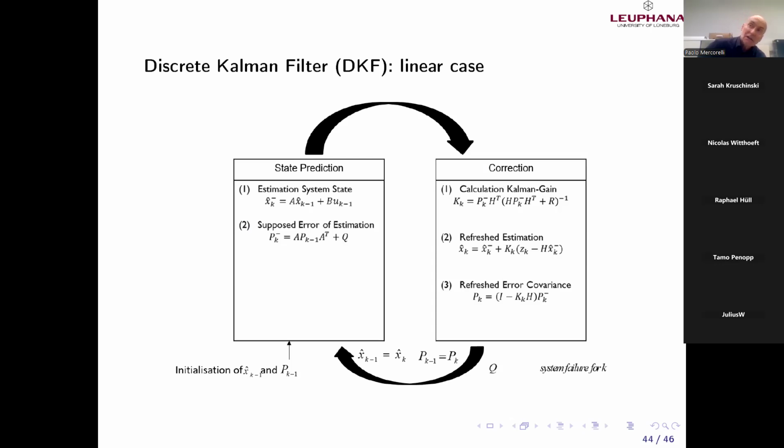Look, we have 5 equations. We will come back a little bit also on the equations. 2 equations characterize the state prediction. Equation 1, equation 2. Very important to notice, we don't have minus here, because x hat is the a posteriori correction, but of the previous step.